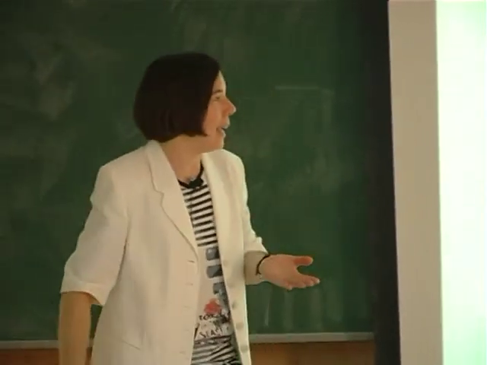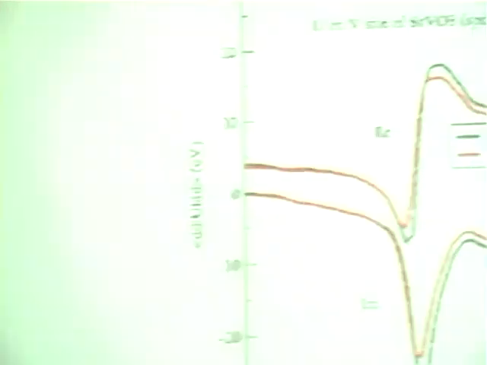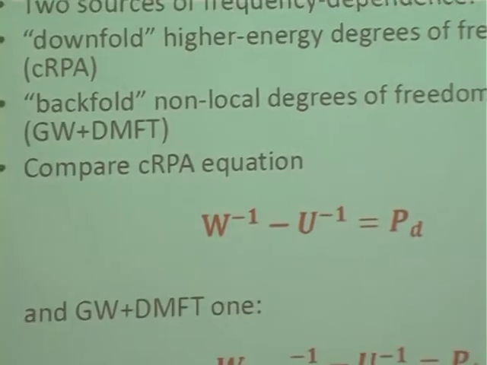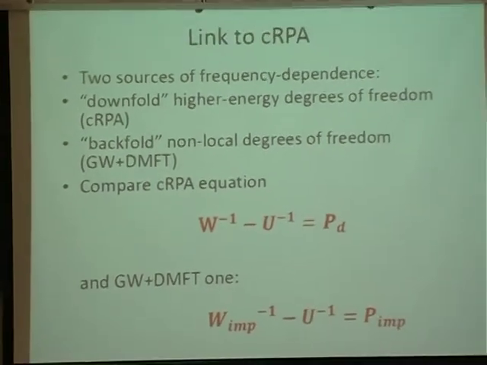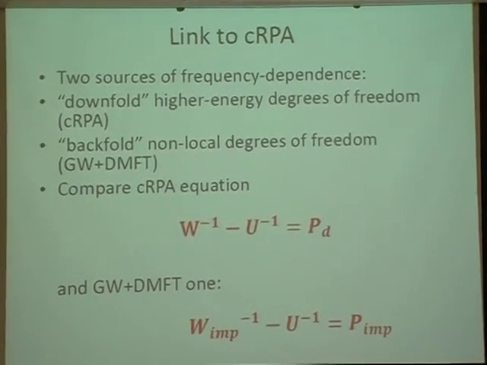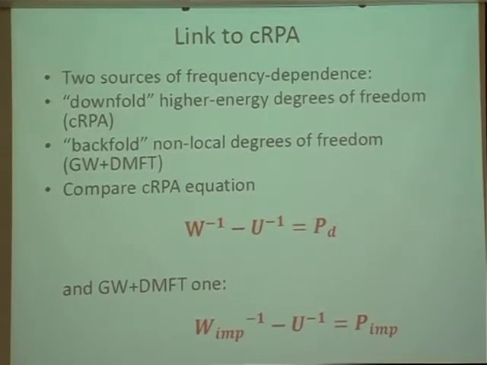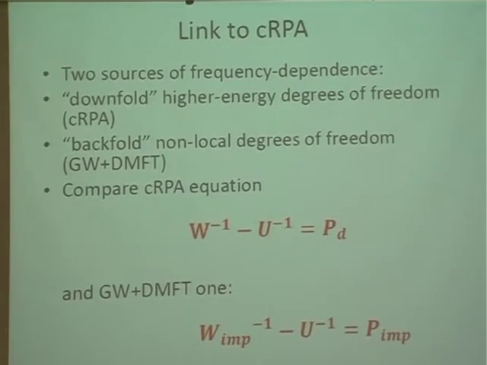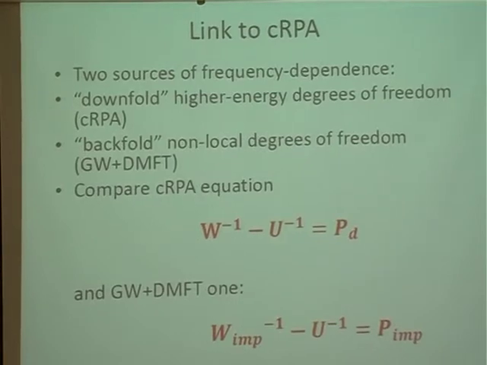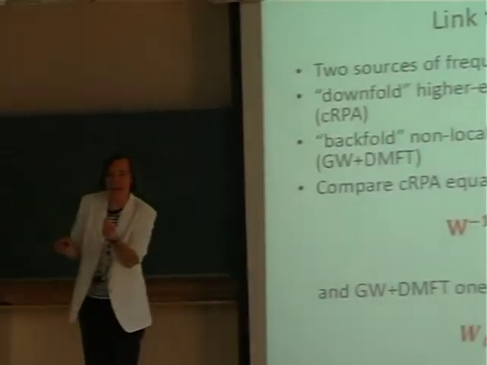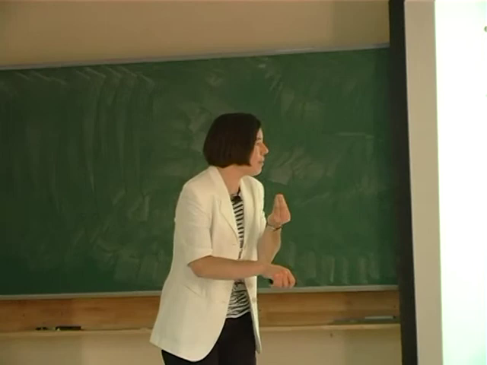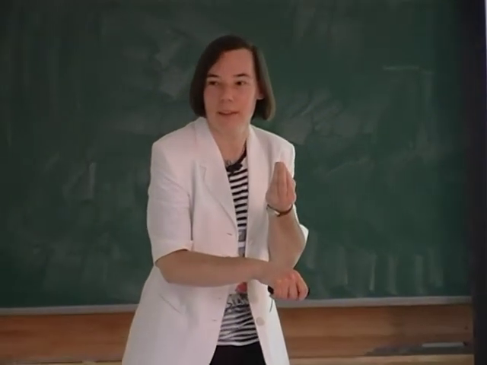So here, you may not have realized, but to some extent, I'm doing something similar. Namely, I'm asking the question, here, I want to describe my full physics, local and non-local, within a local model. In that local model, I only have the P impurity left to screen.